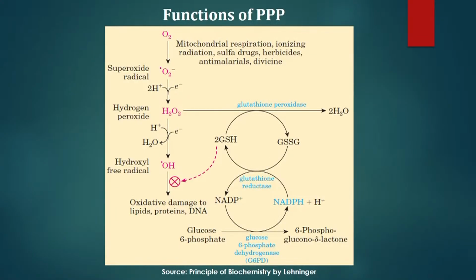Now you are basically seeing this process where your GSH molecule is known to prevent the formation of the hydroxyl free radicals, which basically damage your protein, DNA as well as lipid content.